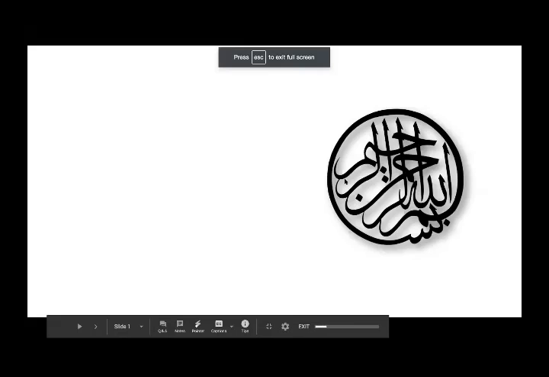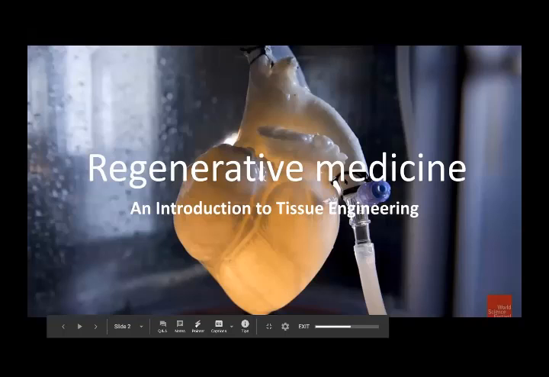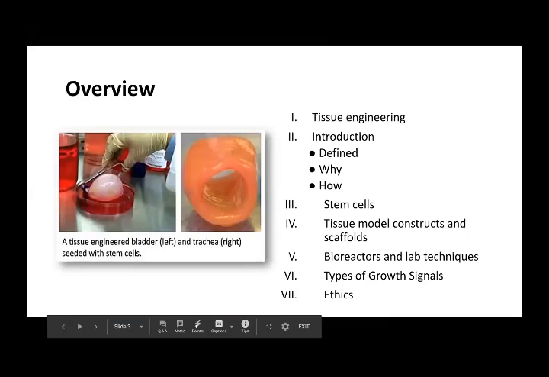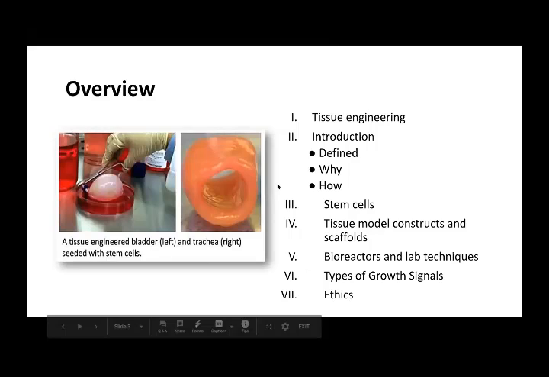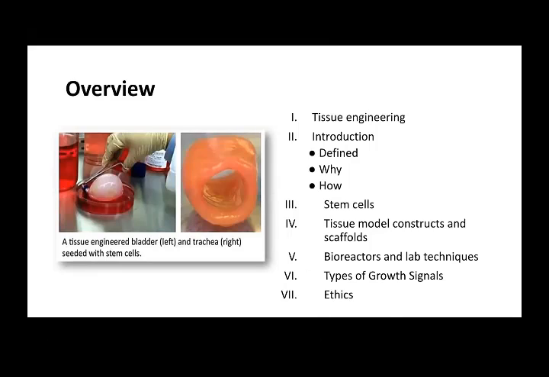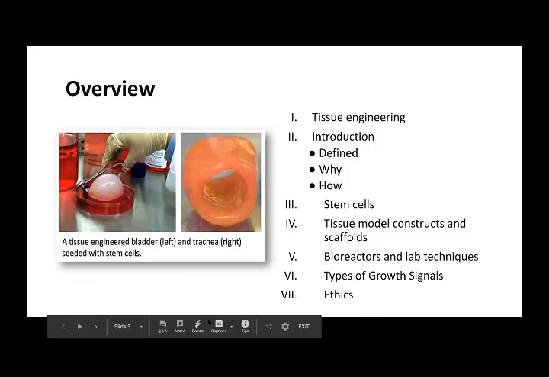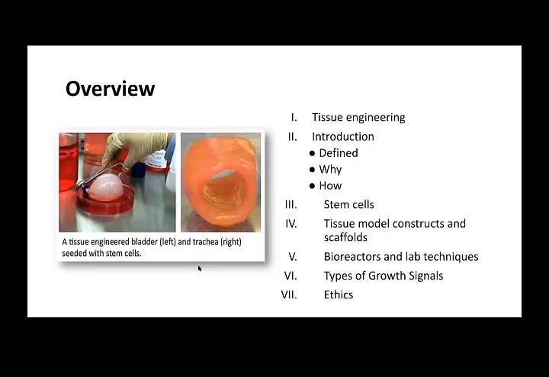Bismillahirrahmanirrahim. Tissue engineering, also known as regenerative medicine, because we'll discuss it briefly. If you're looking on the left side, we have a picture. They're showing a tissue engineered bladder on the left side, along with a trachea which has been seeded with stem cells, where they took stem cells from possibly another trachea and grew it into a functioning, normal size trachea, as seen on the right side.